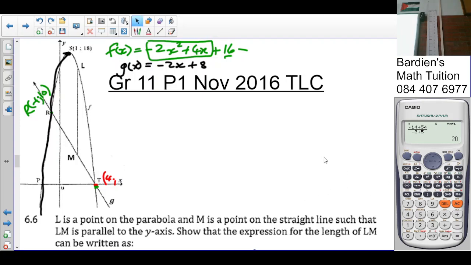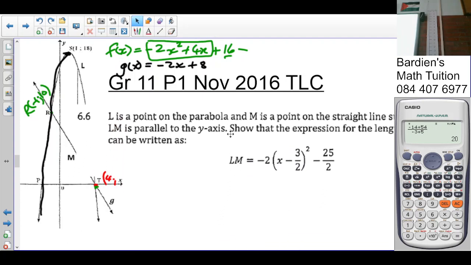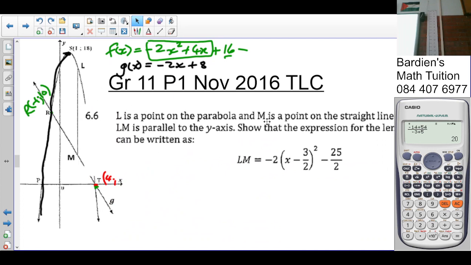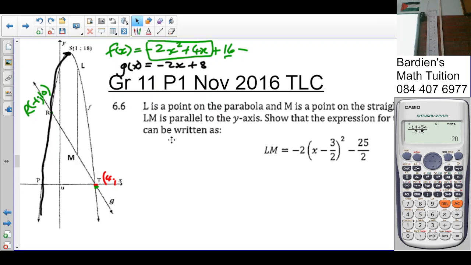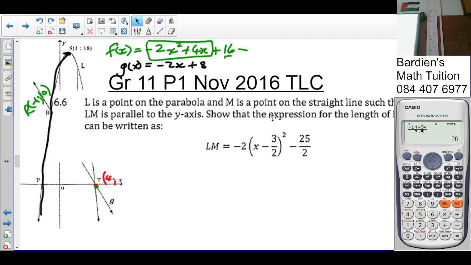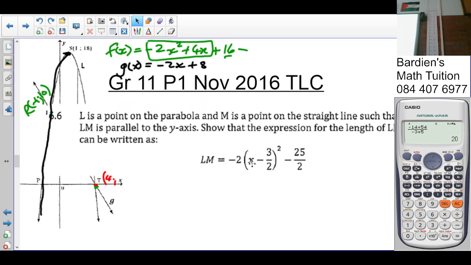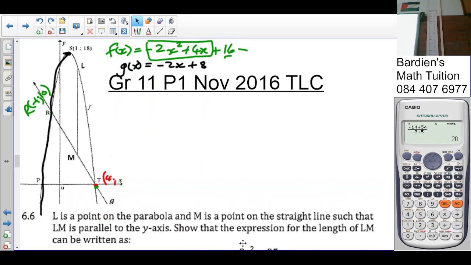Okay, so now we're looking at question 6.6. It says L is the point on the parabola and M is the point on the straight line, which are those 2 points in question, such that LM is parallel to the y-axis. Show that the expression of LM can be written as. What do we notice about this is that it is in the completion of the square form. Can you see that?